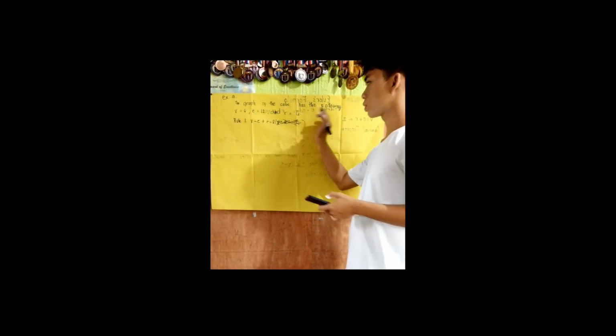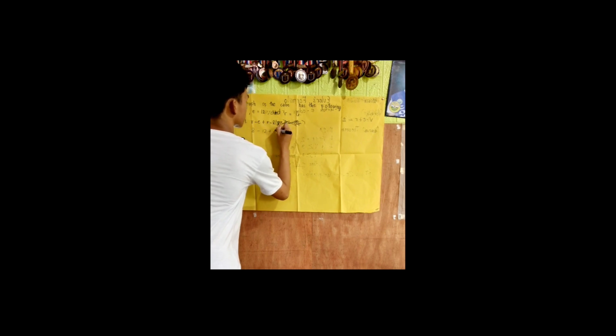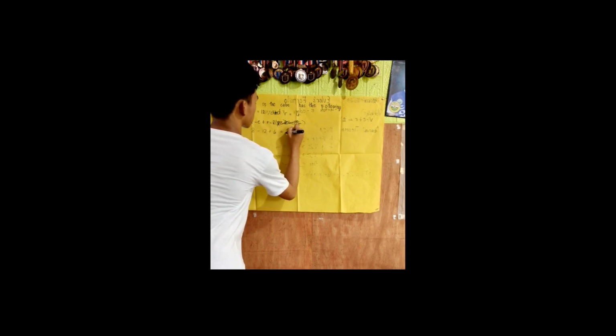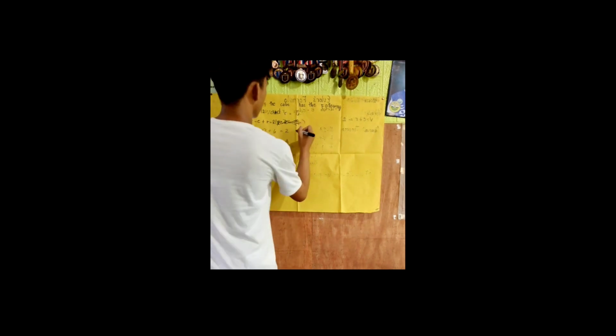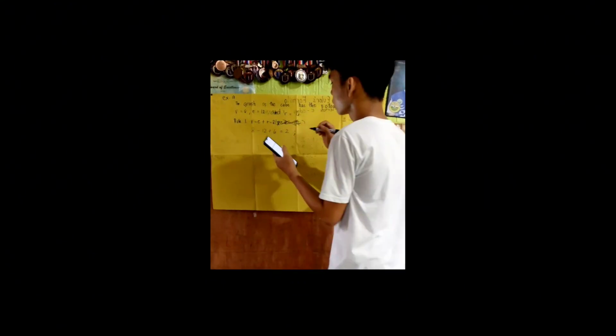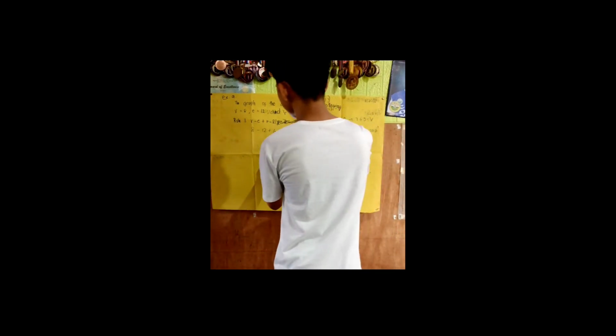So let's solve: 8 minus 12 plus 6 is equal to 2. Negative 4 plus 6 is equal to 2.